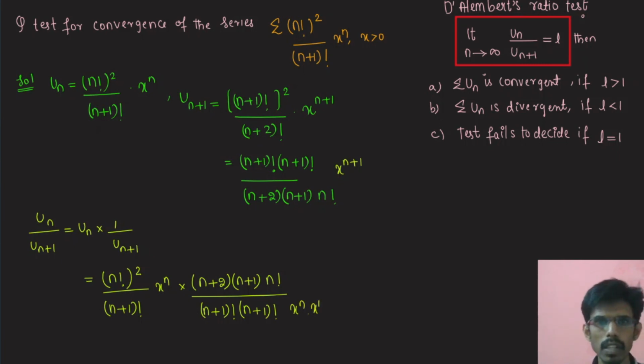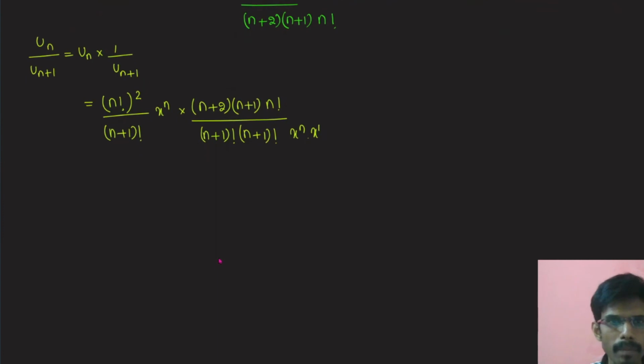Now splitting this x power of n plus 1 as this, we can cancel x power of n. Next we have n factorial square, which can be written as n factorial into n factorial.